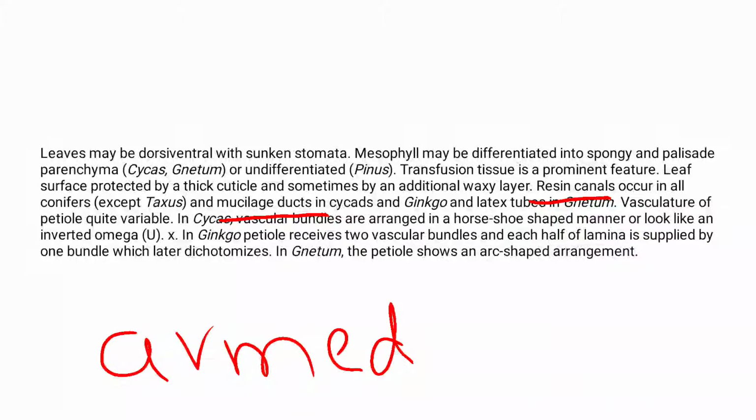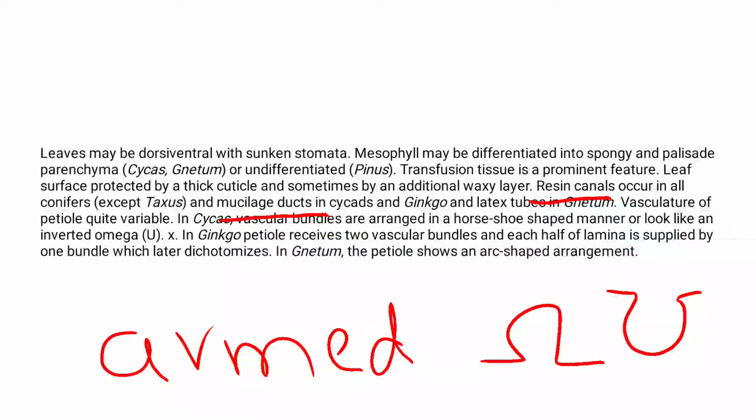And if you look at the vascular bundles in Cycas, they are horseshoe shaped, or they look like an inverted omega. Usually the omega is written like this. So in Cycas, the vascular bundles are arranged in the form of an inverted omega. They have this shape.